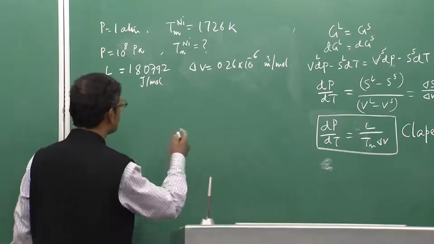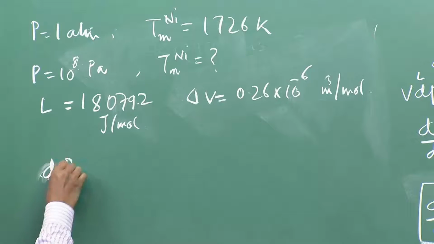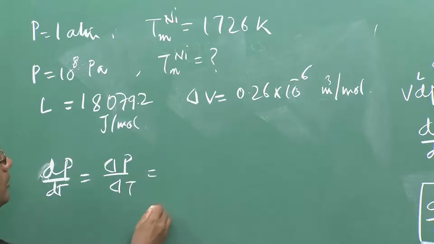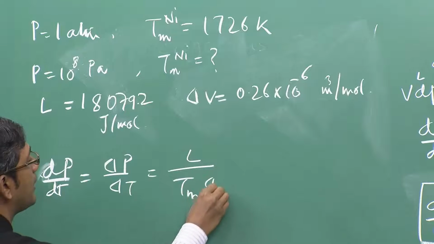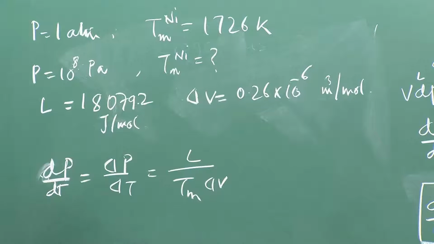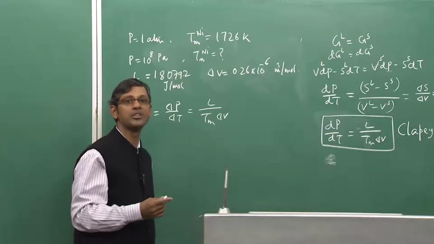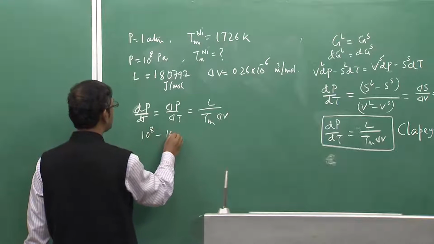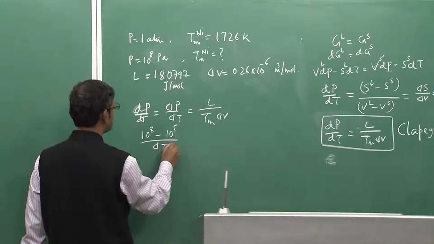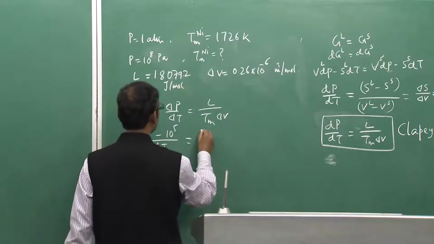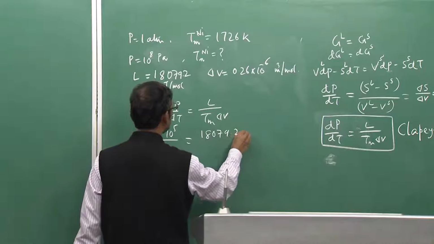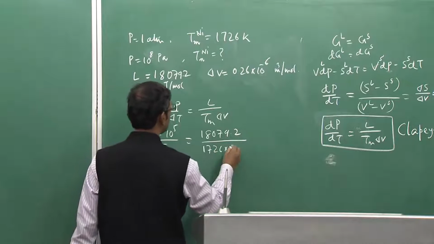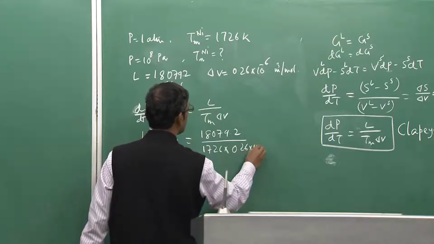Very simple, I just write down dP by dT, borrowing the Clausius-Clapeyron equation. This can be written as latent heat by Tm delta V. Now put all the values. Delta P is the pressure difference; 1 atmospheric pressure is equal to 10 to the power 5 Pascal, please remember this. So this is 10 to the power 8 minus 10 to the power 5, divided by delta T. Latent heat is 18,079.2 joule per mole, melting temperature is 1726, and delta V is 0.26 into 10 to the power minus 6.